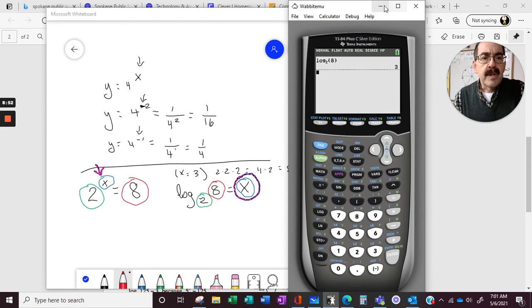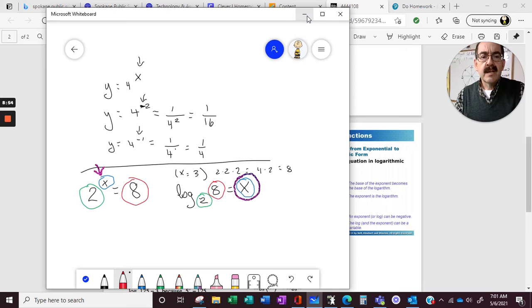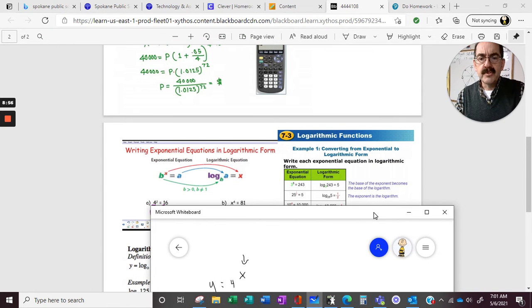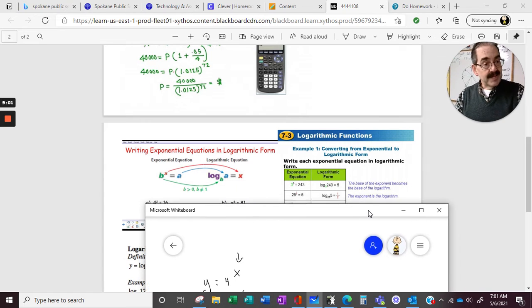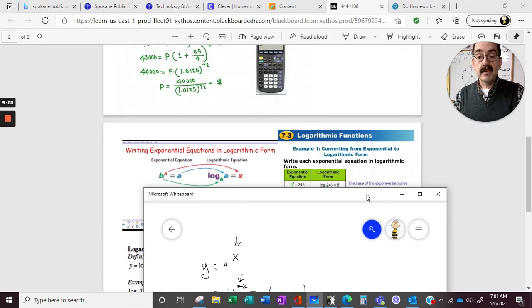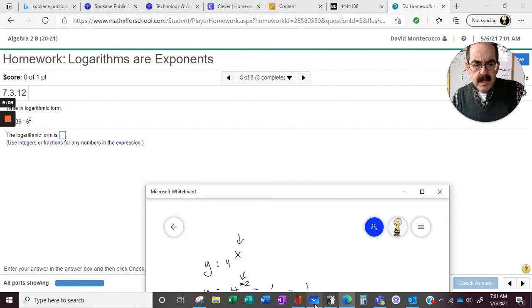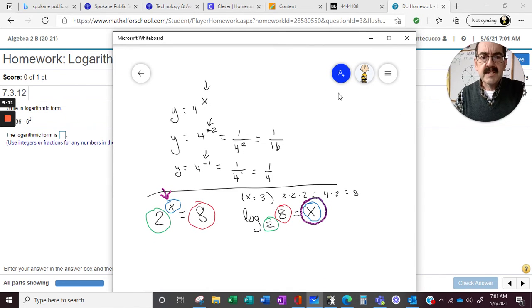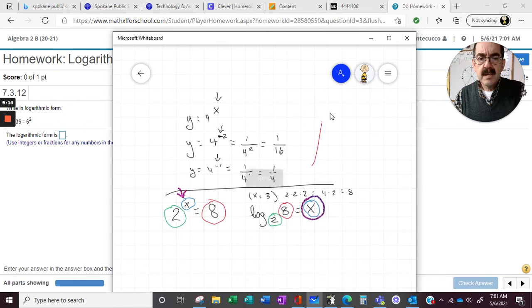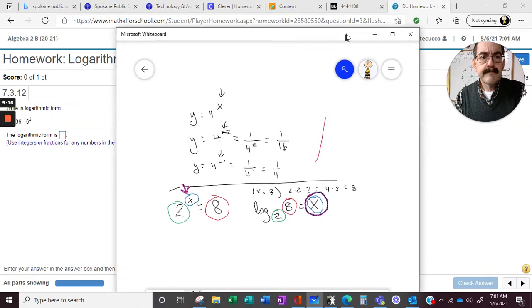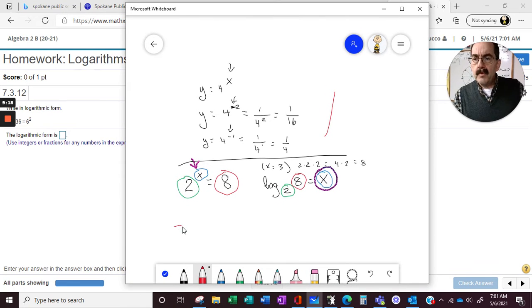Now that we've seen converting, it's like Spanish to English, English to Spanish. We're translating. That's why logarithms can be a difficult assignment. So we want 36 equals 6 to the 2 power.